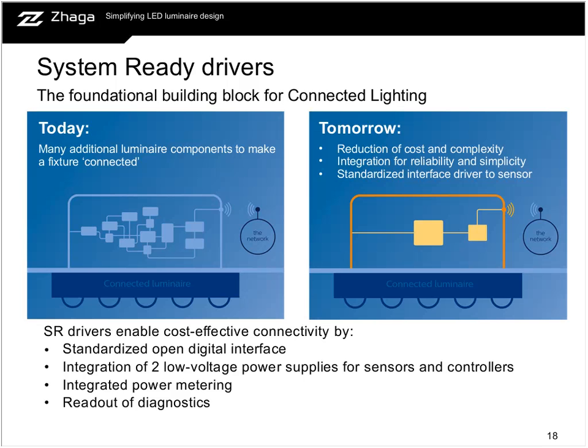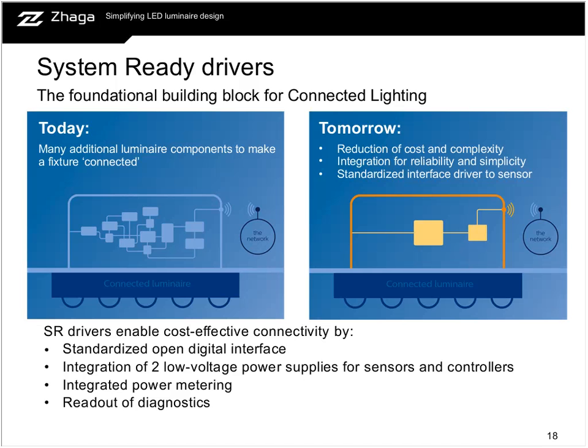Now, the key component of this system-ready architecture will be the system-ready driver. Shown in this slide, at the left side, is today's situation of a smart luminaire, which has a lot of additional components to make the luminaire and the fixture connected.